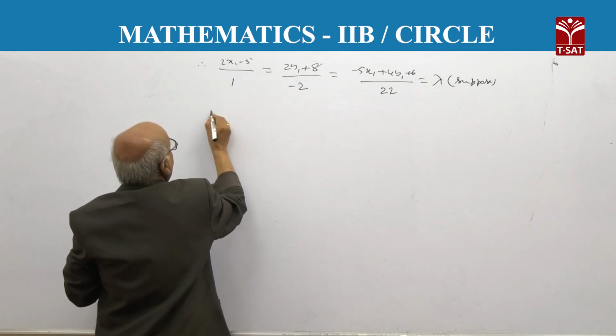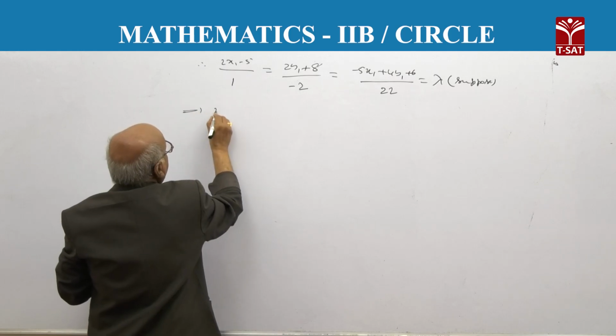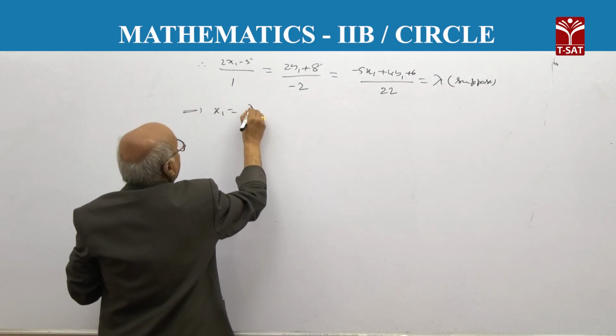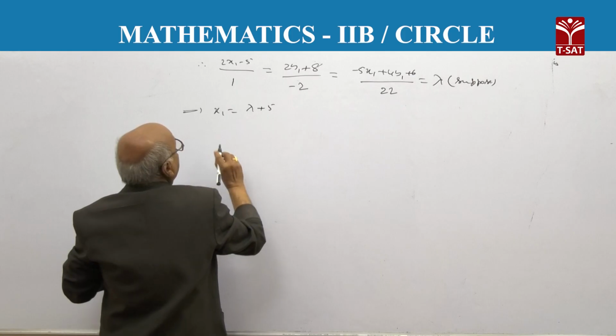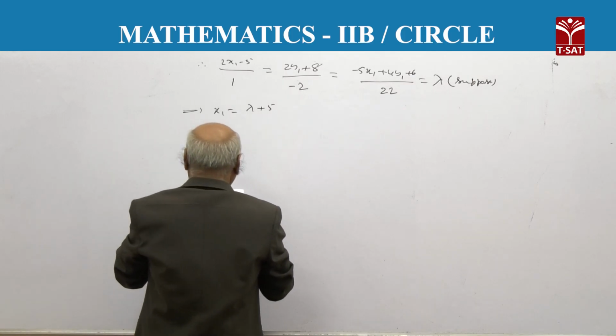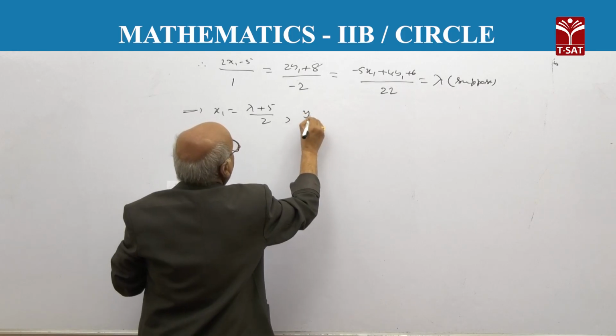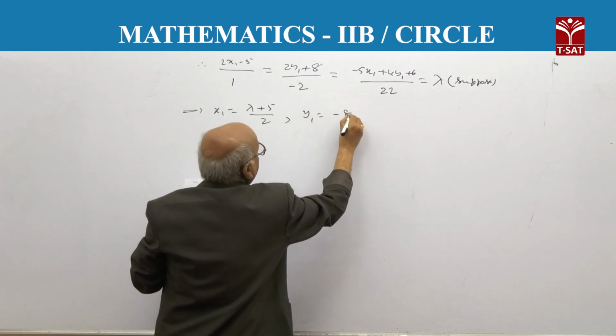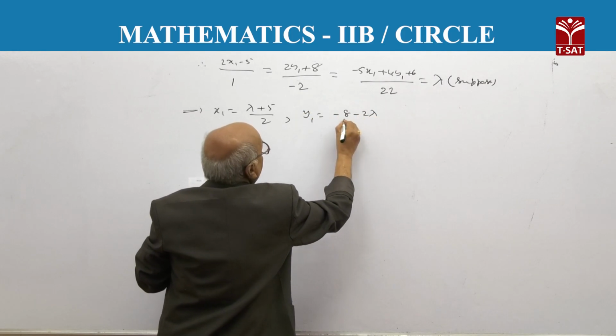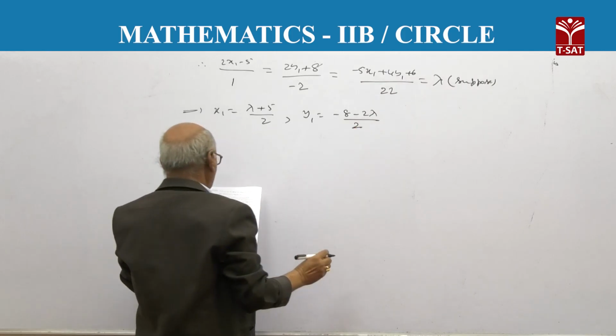So, from this what you get is x1 is equal to (lambda plus 5) by 2 and y1 is equal to (minus 8 minus 2 lambda) by 2.